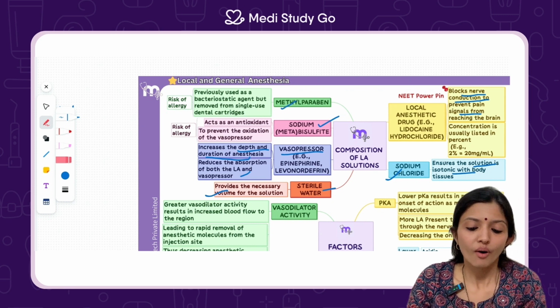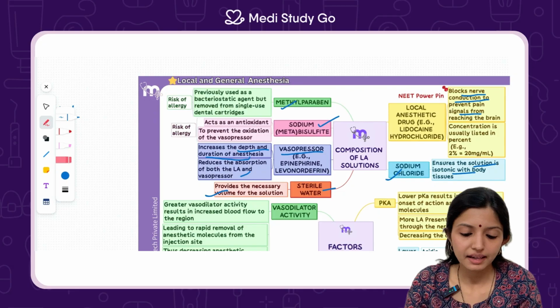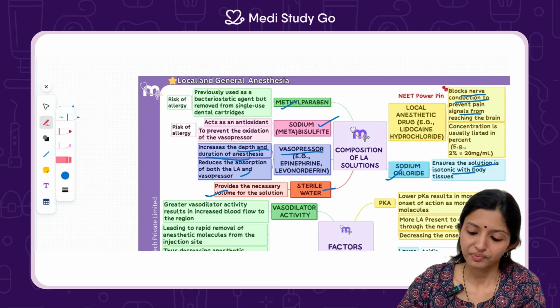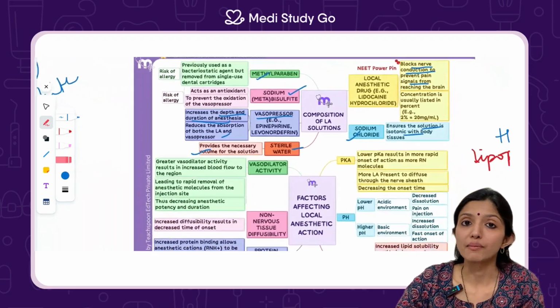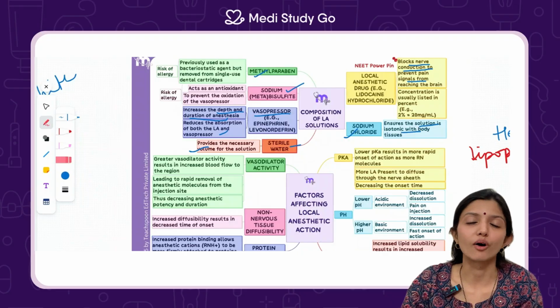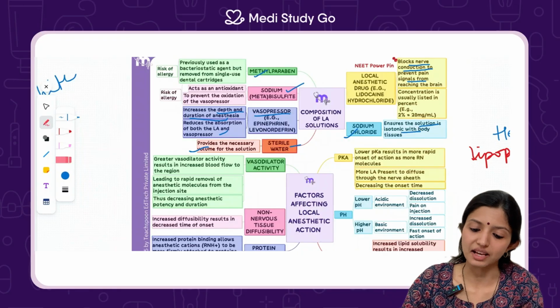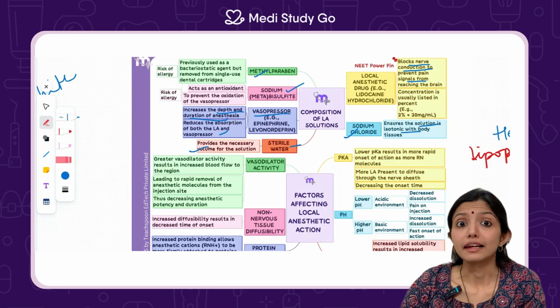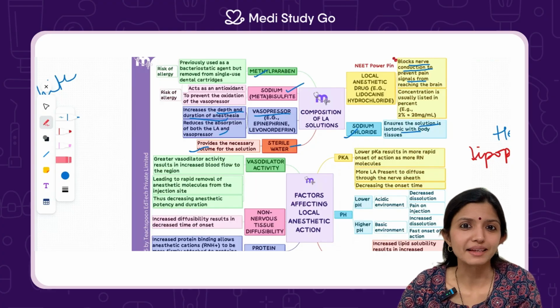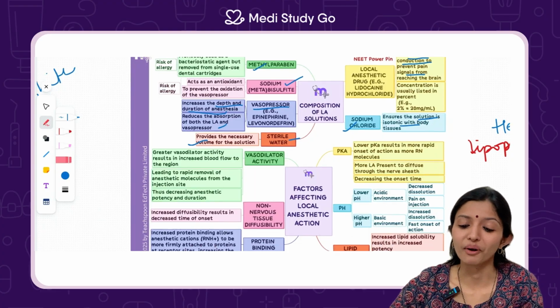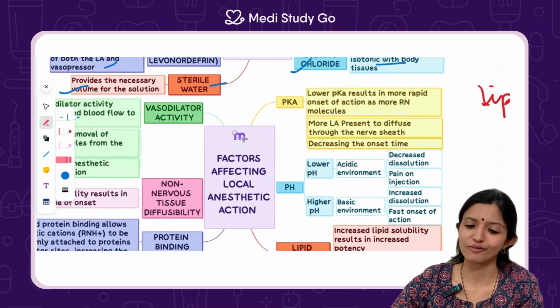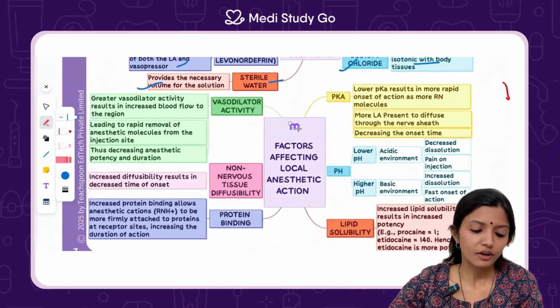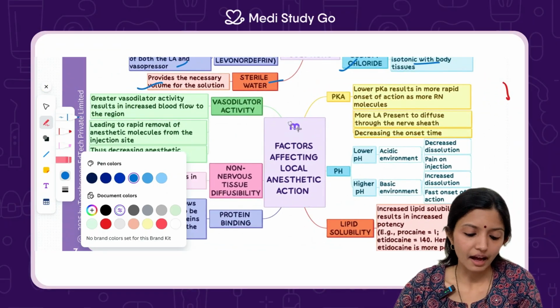Methyl paraben, often used as a bacteriostatic agent or a preservative. You also have thymol, which may or may not be added, which is used as a fungicide. So I hope you will remember that Las Vegas saves memories till sun sets as a mnemonic to remember your composition of local anesthetics.